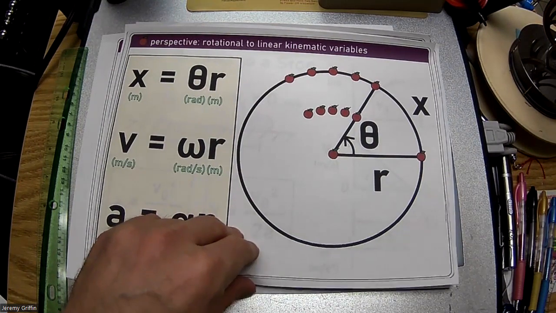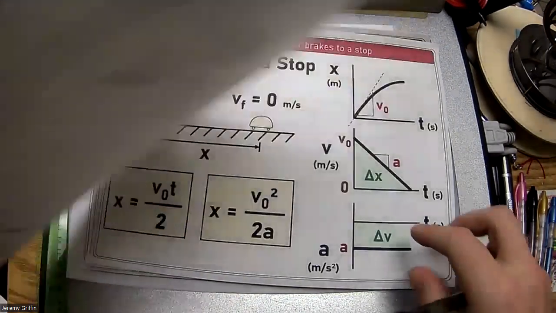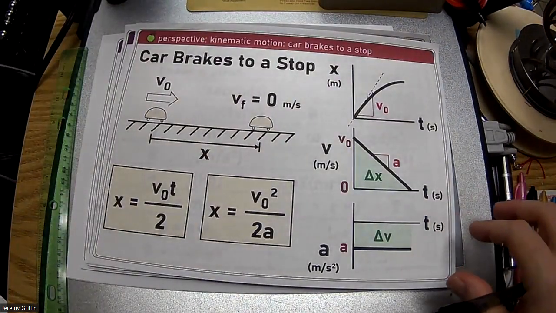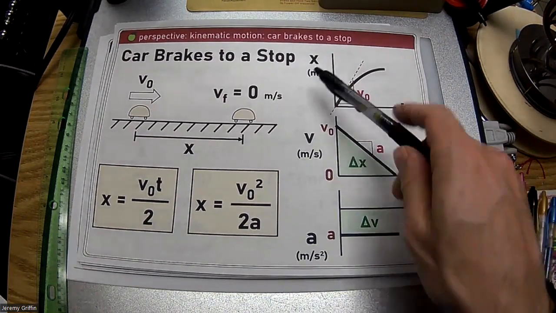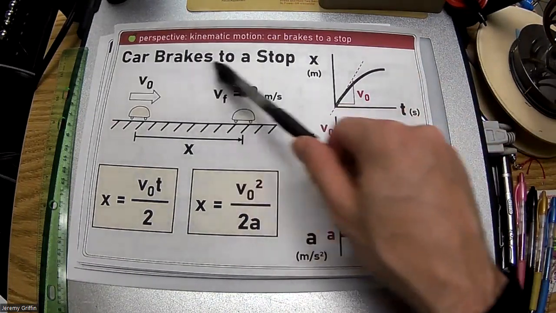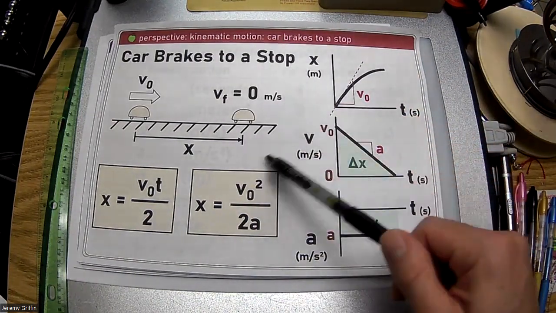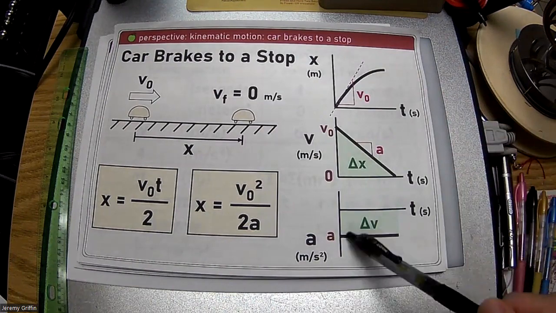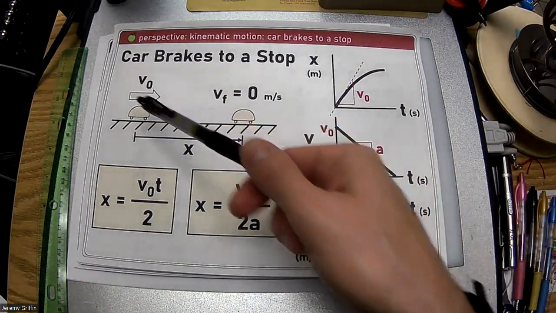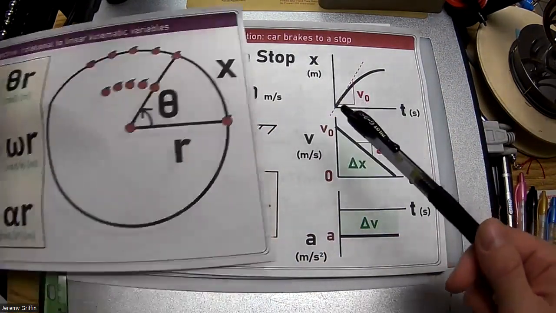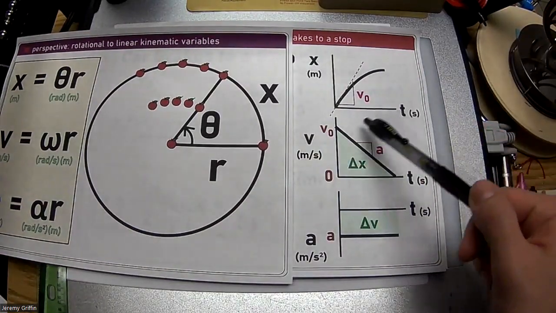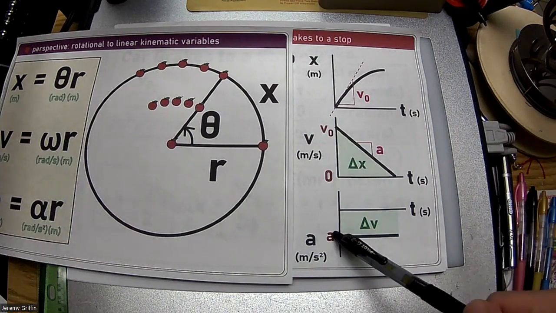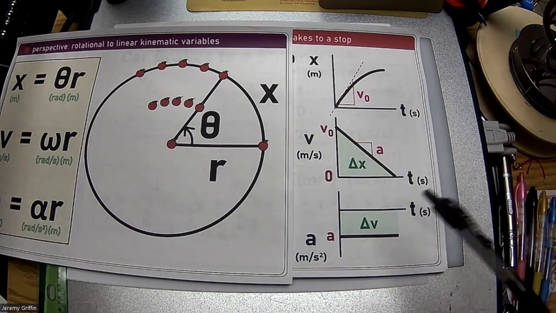Now, one of my posters hanging up that seems to have gone missing somewhere is the version of the turntable slows to a stop. But I do have this linear motion version of car brakes to stop. So this is way back from unit 1. You guys remember car brakes to stop? X versus T, V versus T, A versus T. Now, if you change this to turntable slows to a stop, and you just replace these with theta versus T, omega versus T, alpha versus T, it would be the exact same graph shapes, wouldn't it?